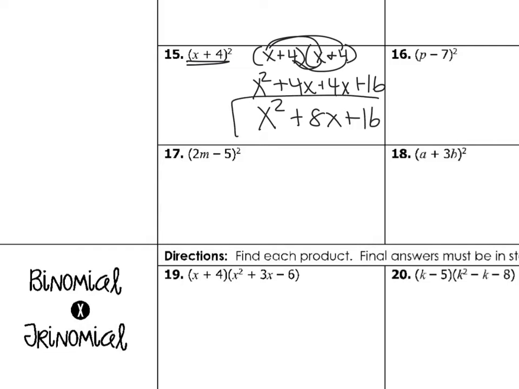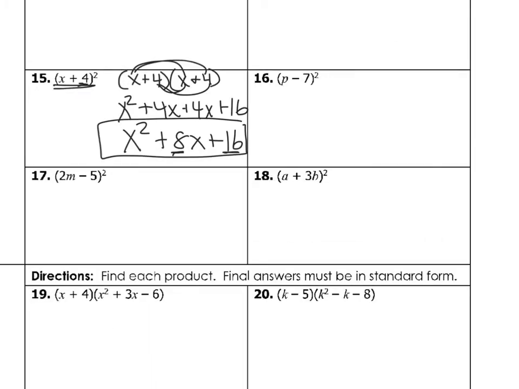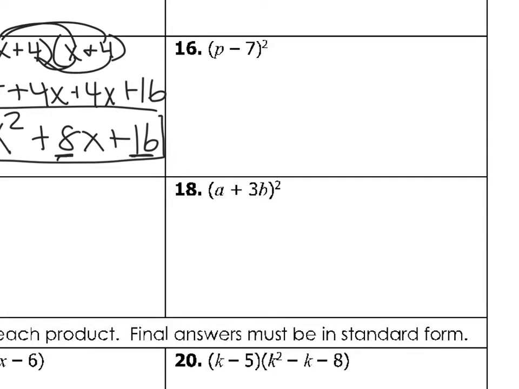Okay. You notice that the 4, here it is doubled, and here it is squared. All right, let's look at this one. This is p minus 7 times p minus 7. So you got p squared minus 7p minus 7p plus 49.